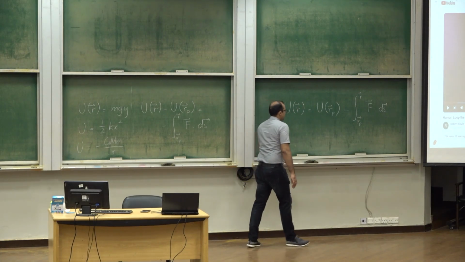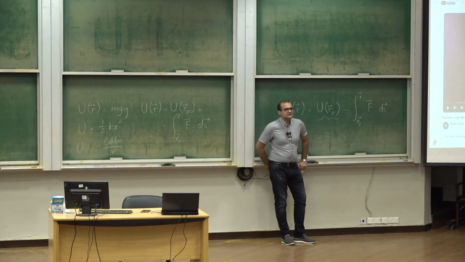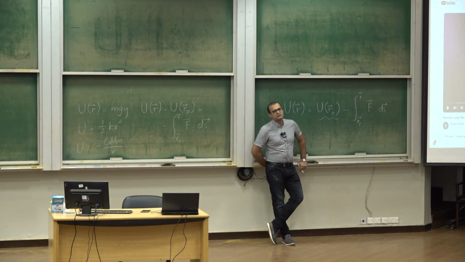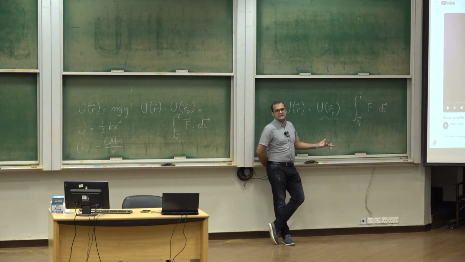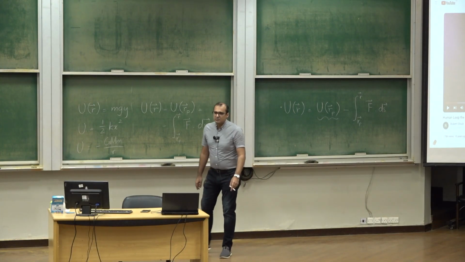Anyway, this is just some fixed number. This is the value of the function at that fixed reference point. It's some number. And you know essentially that you can add any constant to the value of u without changing any physics, because that's not going to change the value of delta u.